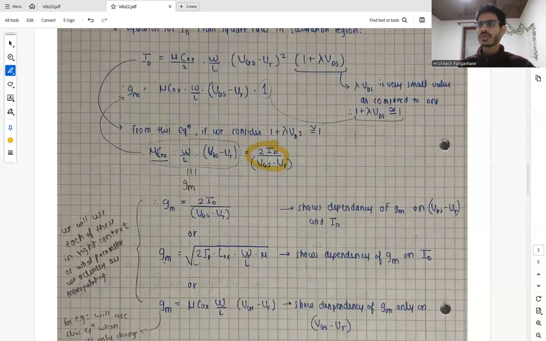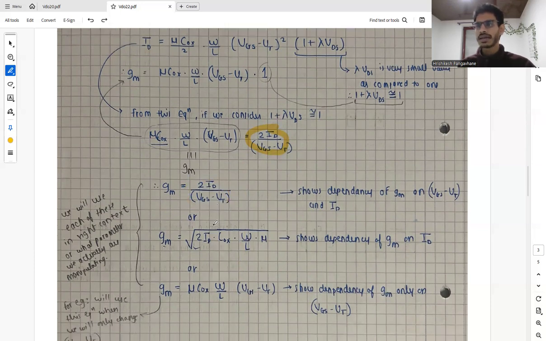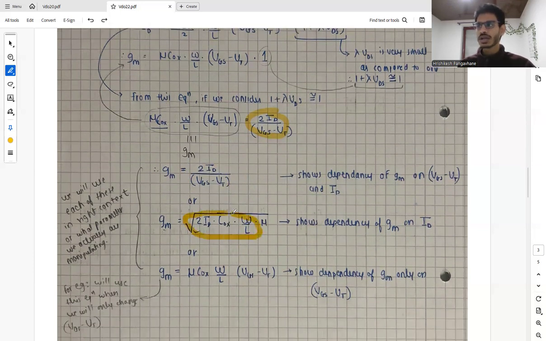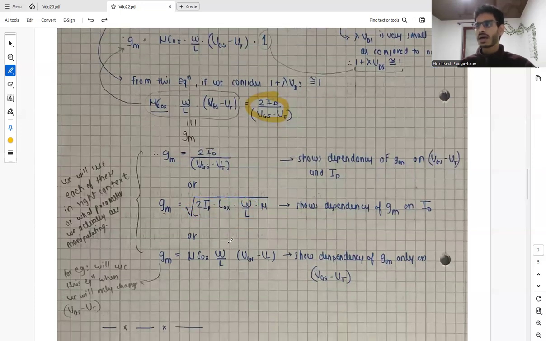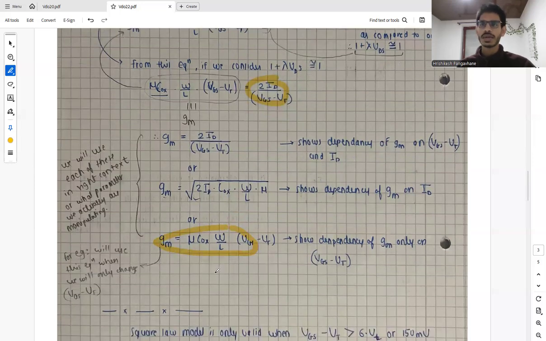The equation for gm can be rewritten in basically those 3 formats, where in this format it shows the dependency of gm on VGS minus VT and ID, in this format the dependency of gm purely on ID, and in this form the dependency of gm only on VGS minus VT.